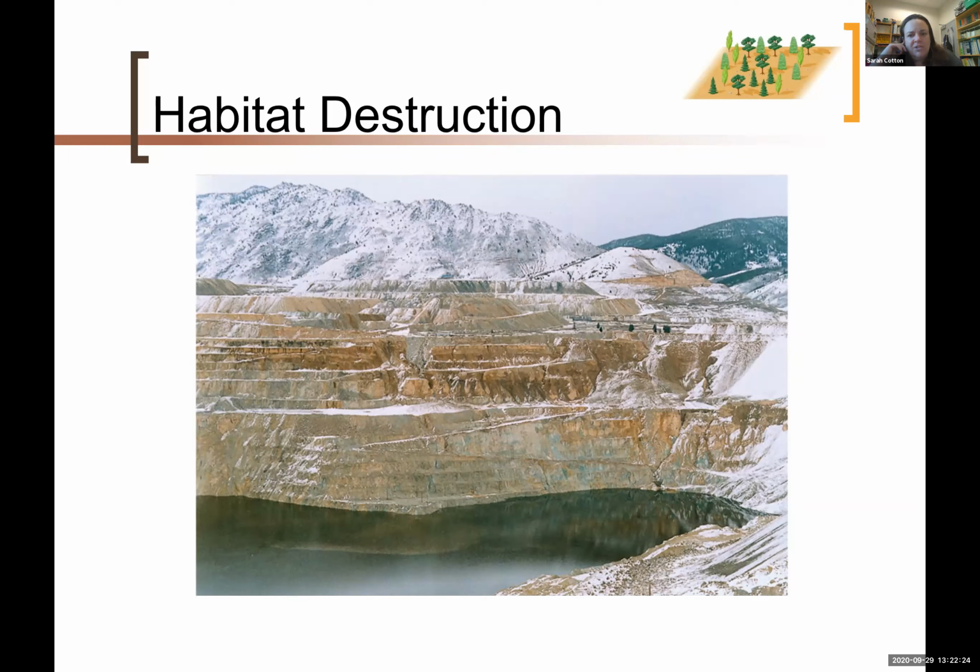This is an image of a process called strip mining. There are lots of different ways of mining, but one of the ways that certain minerals are removed from the ground is strip mining, where you scrape everything off and process it and then keep scraping and keep scraping, right? So you're essentially digging a giant hole to get what you want.